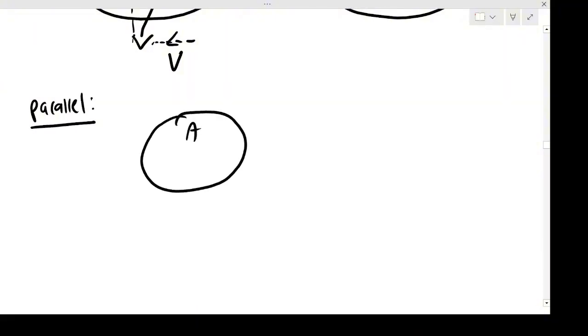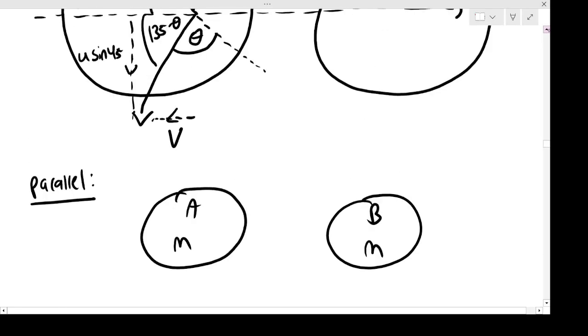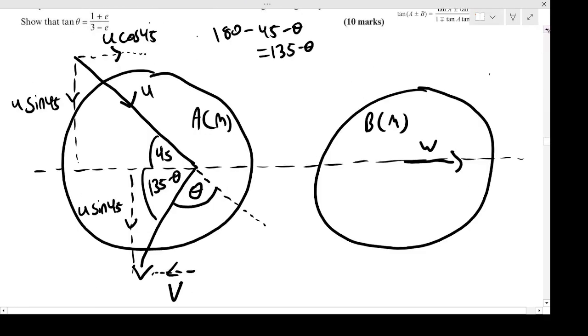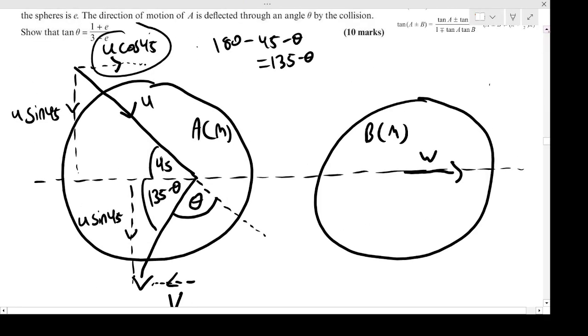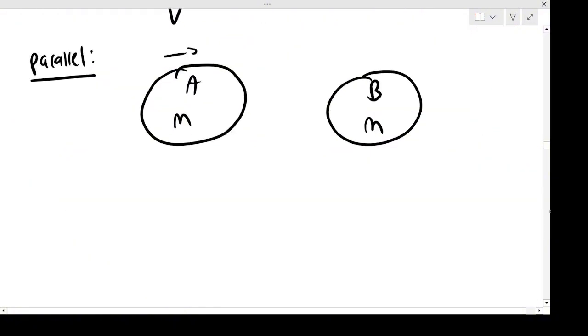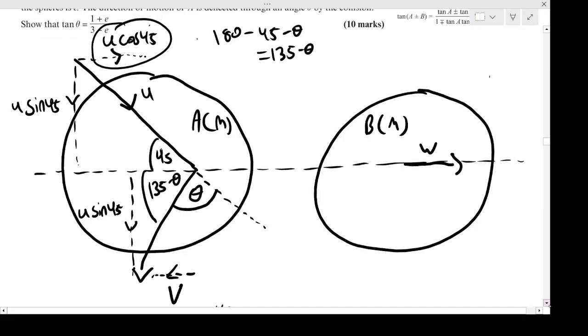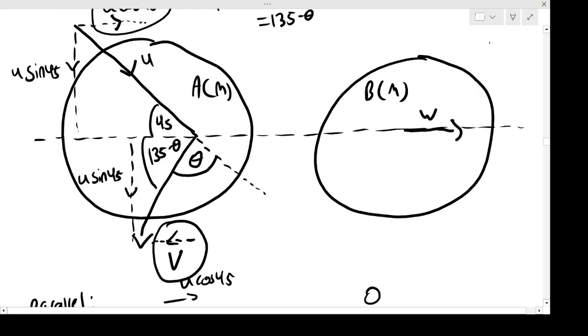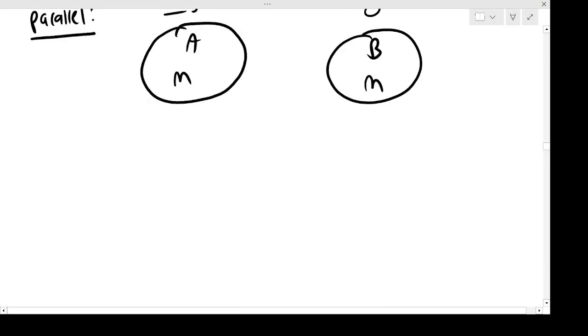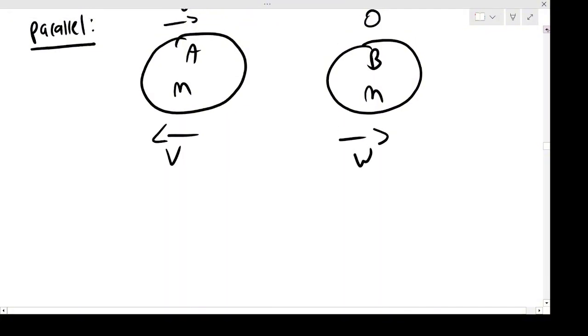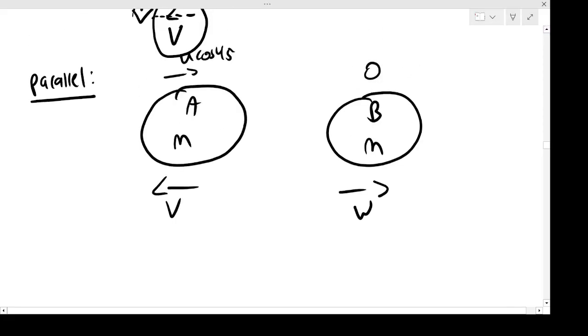At that point, we're just going to consider the parallel parts and transform it into a 1D collision. So we have A and B, mass M and M. Originally A is moving forward with u cos 45, and B is not moving at all, so it's 0. Afterwards, A is moving backwards to the left with V, and B is moving to the right with W. Now we're just going to apply momentum and restitution.